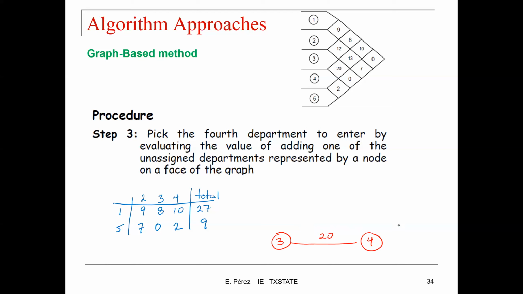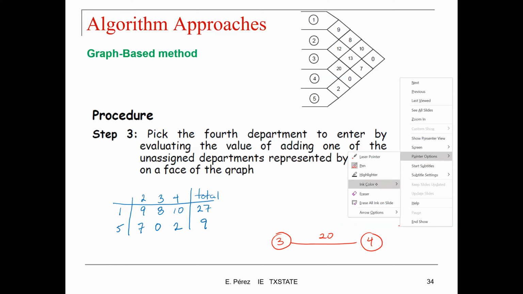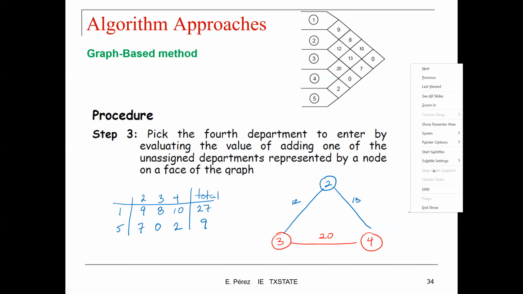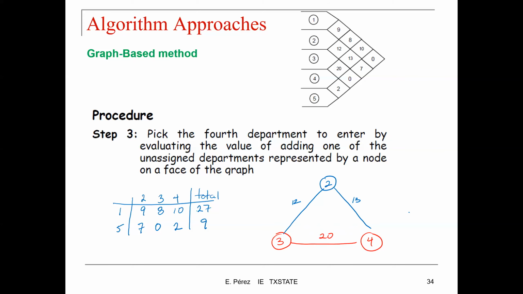Then we added the node 2. So node 2 was added, and then we added these 2 arcs with 12 and 13. And now I'm adding another one, which is node 1, because it has the highest value.